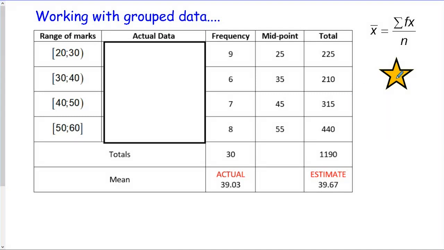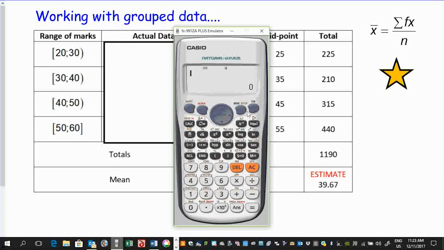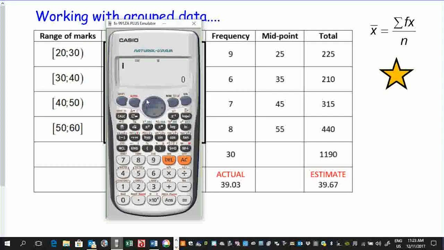I just want to show you how to put your calculator into frequency mode, because it's really useful to be able to do that. So what one does, one goes shift mode, down arrow, 4, and then make sure that frequency is turned on.